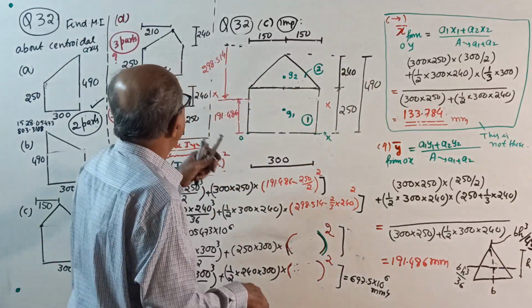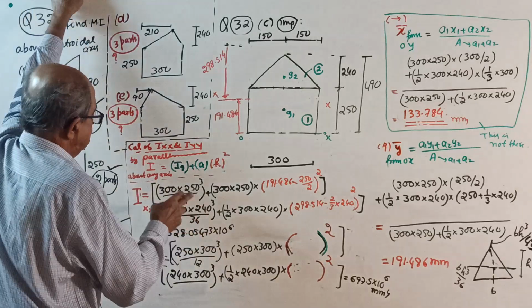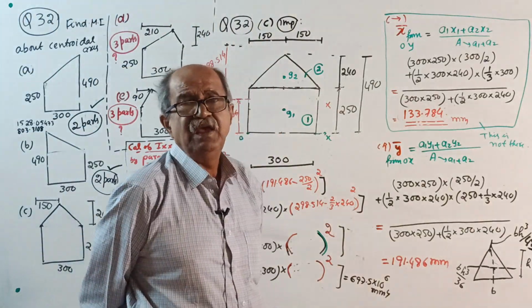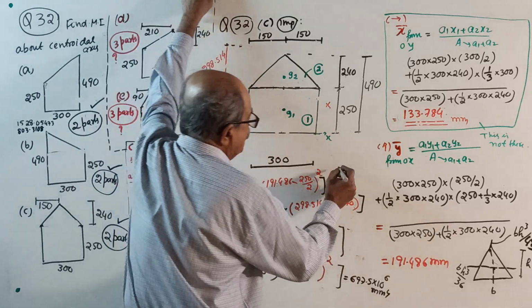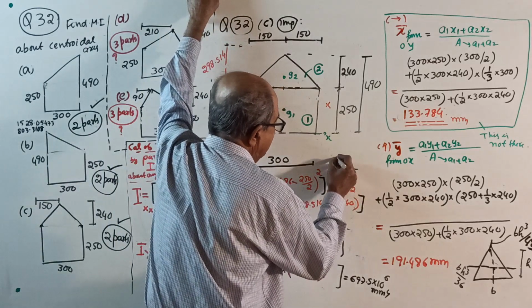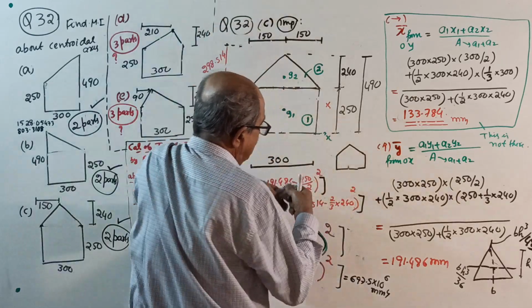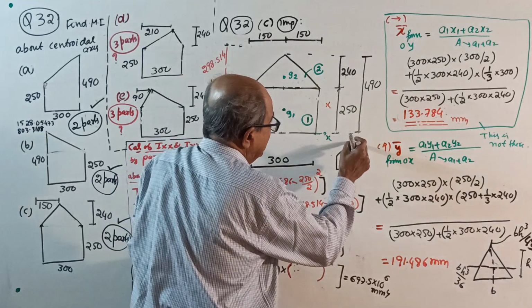Now the question is very simple. Once again, divide into only 2 parts. Okay, start. Now you want Ixx, Iyy. Write one more sketch there. This triangle is an isosceles triangle. Therefore it is perfectly symmetrical about YY.